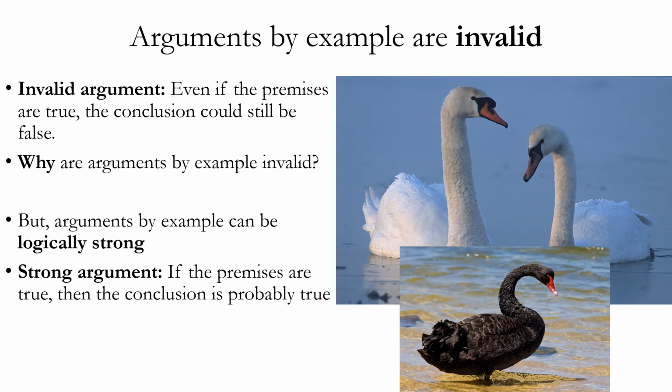However, strong arguments are still very useful. In fact, much of our knowledge about reality is based on arguments that are strong but not valid. So there's nothing inherently wrong with a strong argument. Just keep in mind it's a different level or degree of proof. And the conclusions of strong arguments can always be proven false based on additional information, even if the premises of those arguments were true.